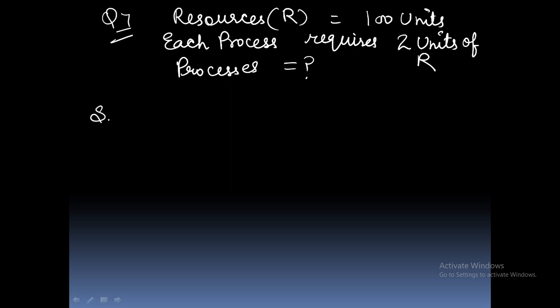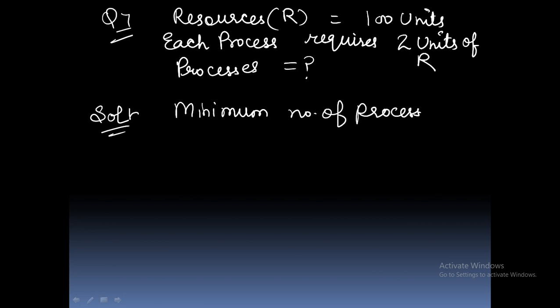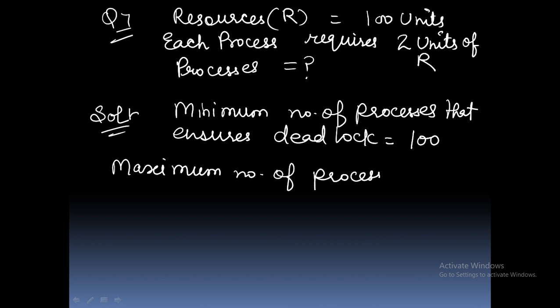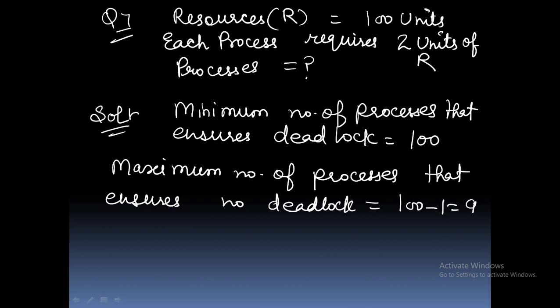You can say that the minimum number of processes that ensures deadlock will be equal to 100, and the maximum number of processes that ensures no deadlock will be equal to 100 minus 1, that is 99.